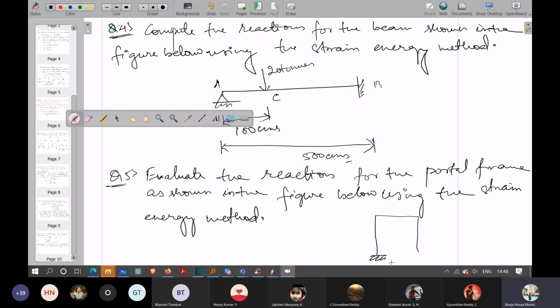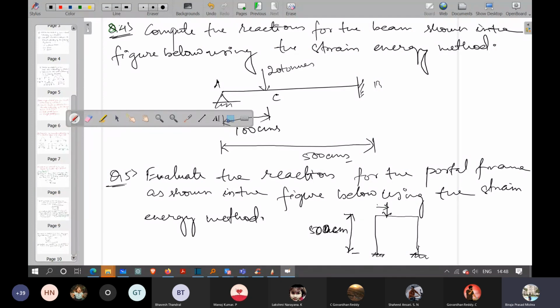It is like this. Sorry, the supports are hinged, or let us say the supports are fixed. We have a load here. This is 500 centimeters.